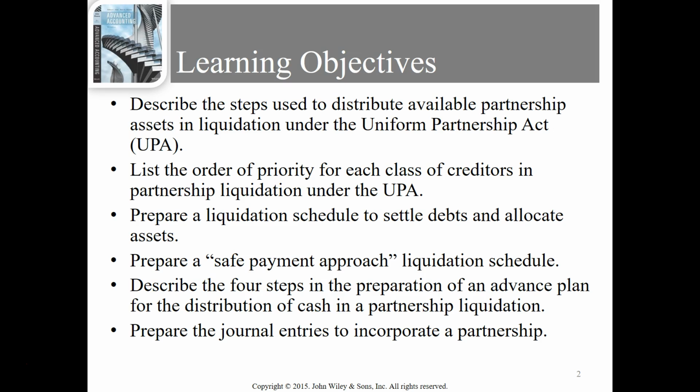Prepare a safe payment approach liquidation schedule. Describe the 4 steps in the preparation of an advance plan for the distribution of cash in a partnership liquidation. Prepare the journal entries to incorporate a partnership.